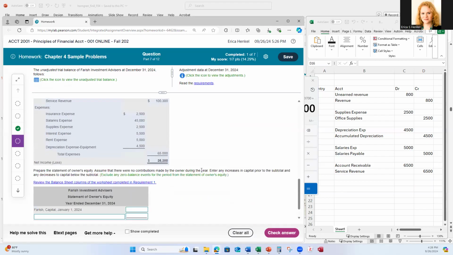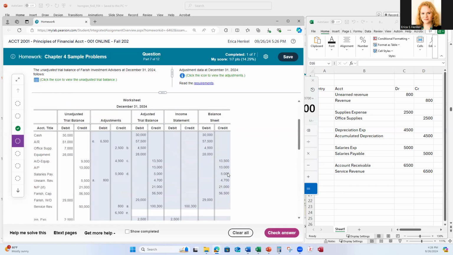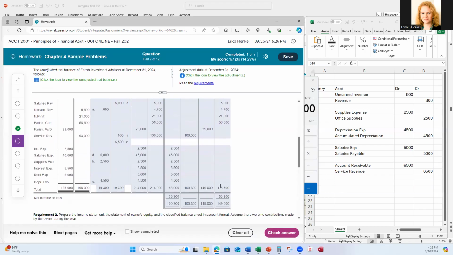The next thing we're going to do is our statement of owner's equity. And the reason why is because if we just go straight to our balance sheet and enter in these balance sheet accounts, we see here it's going to be off, right? And the reason for that is because we haven't closed out our temporary accounts into our owner capital account yet.